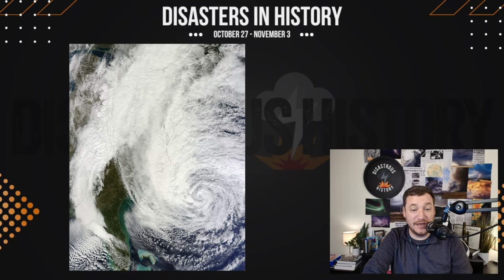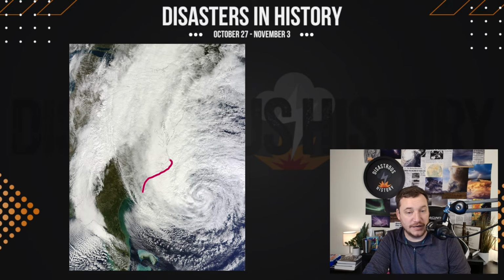Now, if you look at this map here, you can kind of see the outline of right along here. This is North Carolina right here. And then right here, you have the Delmarva Peninsula. This would be New Jersey right here. And then you go up along this direction. Staten Island is right in this general area. You move up.